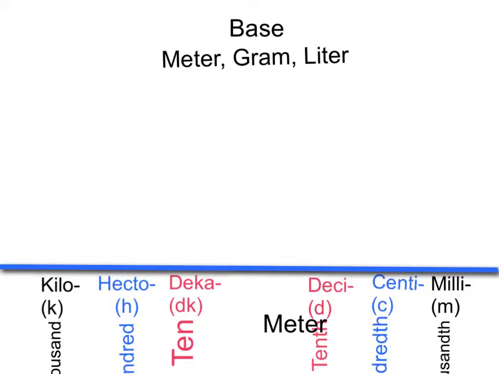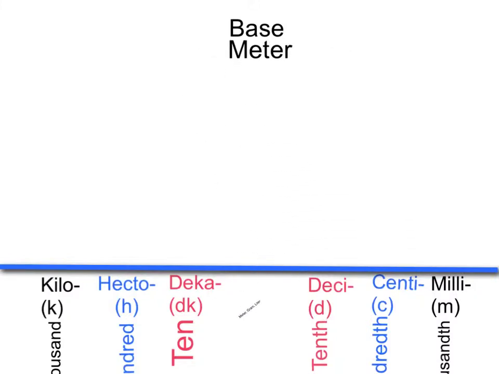For today's purposes, we're just going to use our meters to make it easy, so we're not using all three at once. Now, there are 6 different prefixes and their abbreviations that you need to know in order to look at the metric system and be able to convert between different units. Okay?